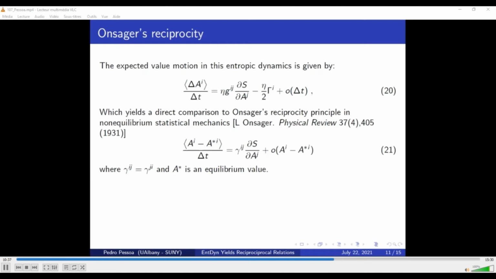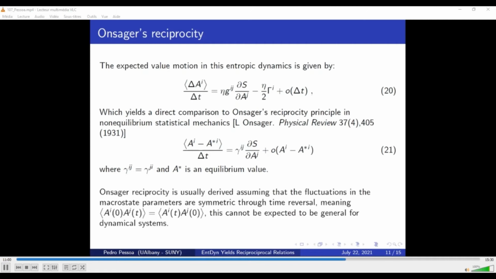This compares directly to what is known in non-equilibrium statistical mechanics as the Onsager reciprocity principle, where the time change in a macrostate parameter, near the equilibrium value A star, is proportional to the gradient of entropy with a symmetric proportionality matrix.